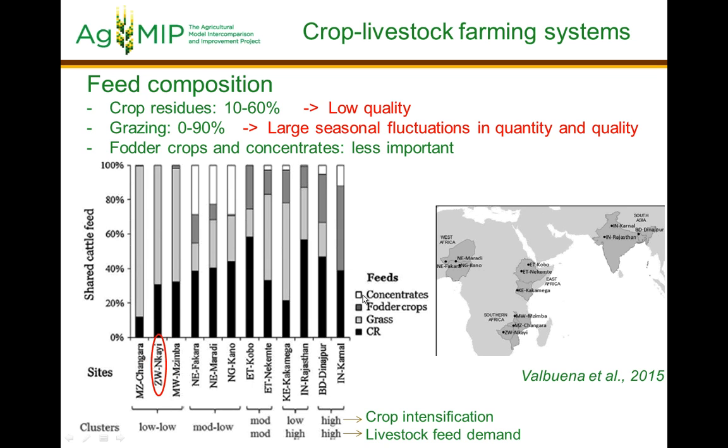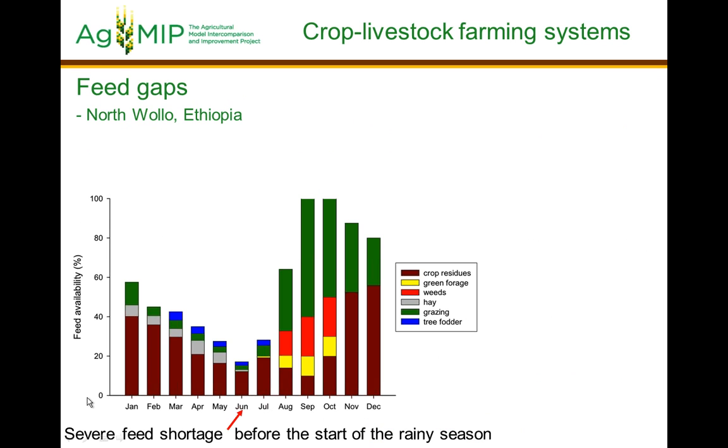Those are the white and the dark gray colors in the figure. They are often much less important. If we look, for example, at Nkai in Zimbabwe, we see that fodder crops and concentrates are not even appearing. So in Nkai, livestock really depend on low quality crop residues and on the grazing lands. So that is feed composition.